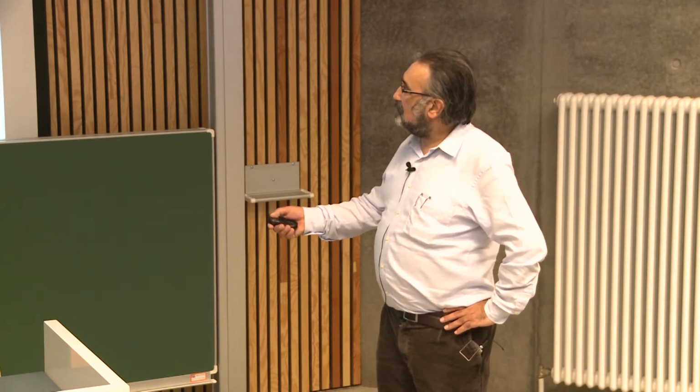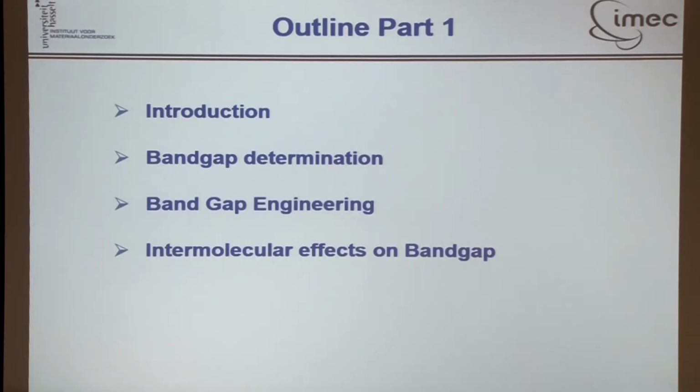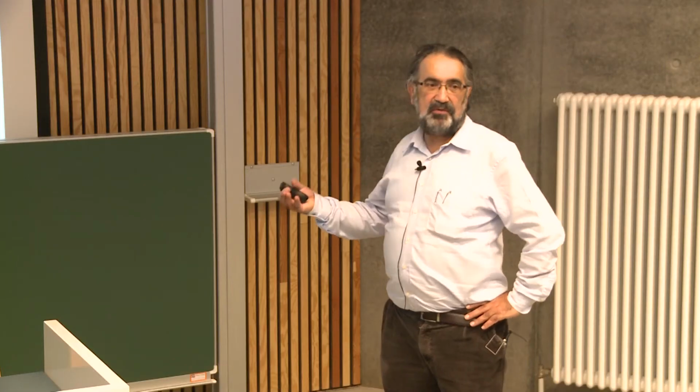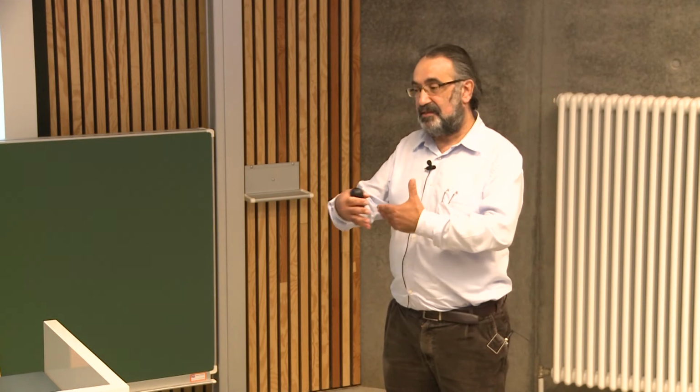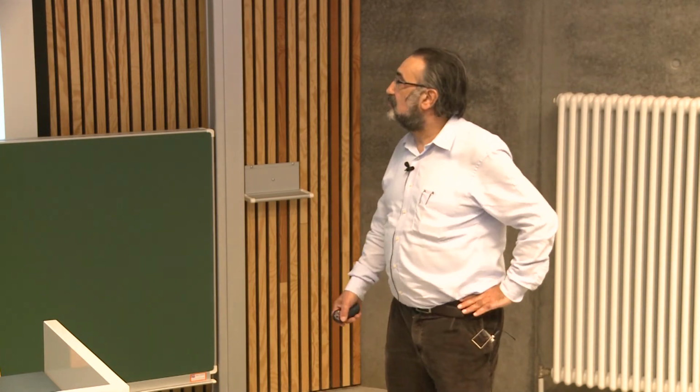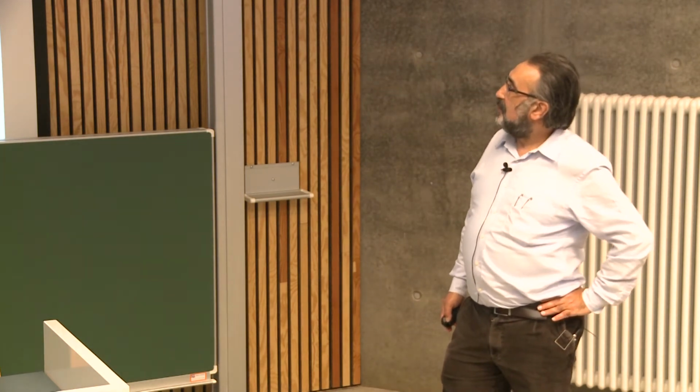But this allows us to look at how you can engineer the band gap, and how that relates to the molecular structure. And there's a final item that I want to discuss: the band gap is not only determined by intramolecular, structural aspects, but also intermolecular effects, so that there are interactions between separate molecules.